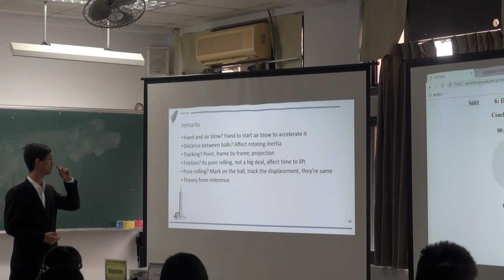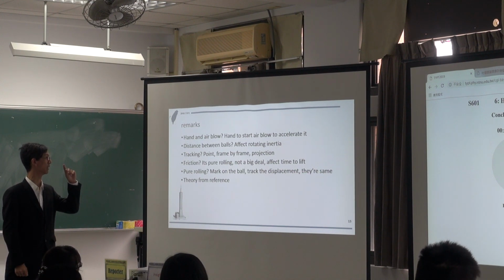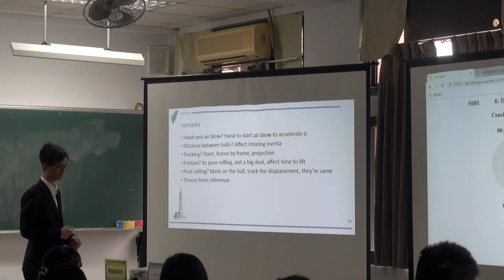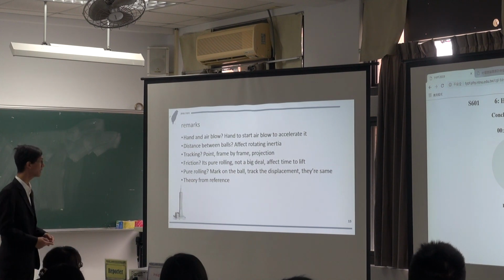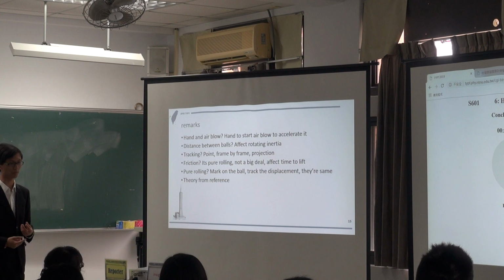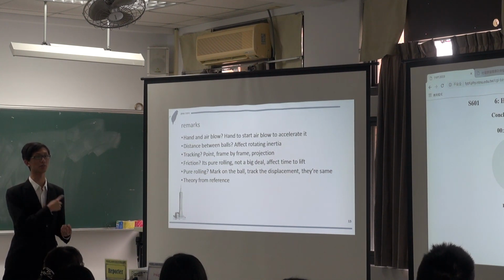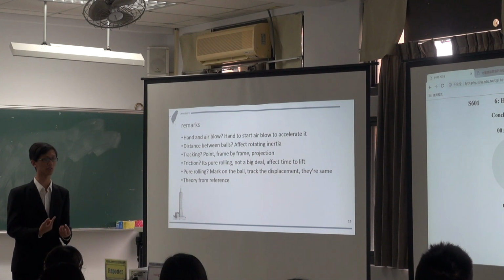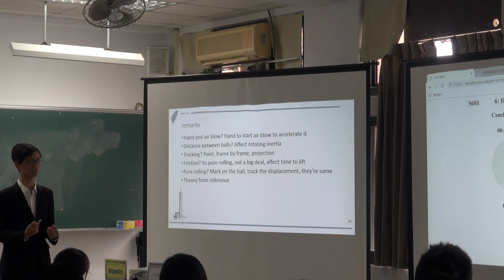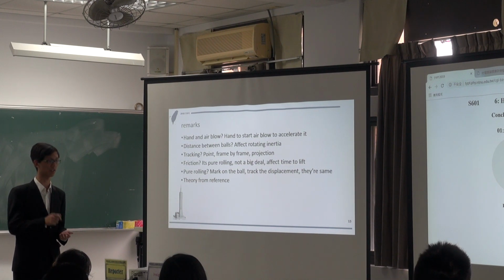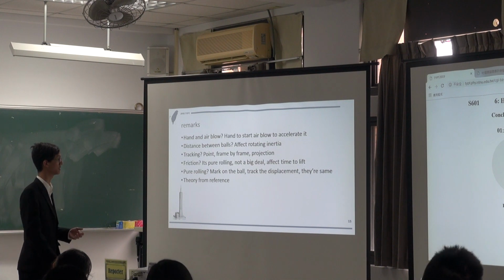That is related with the hand and air blow, because when you spin it at the start, there's one point where one of the balls is the pivot point, and the other ball starts sliding. With that slide, it gives an angular momentum, and that is how it starts lifting up. So friction is relevant at the start of the experiment. It affects the amount of time that it takes to tilt up.